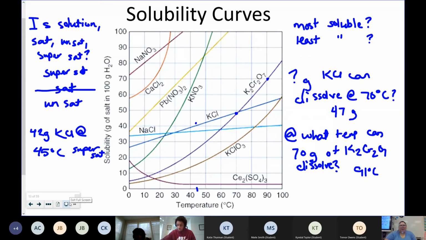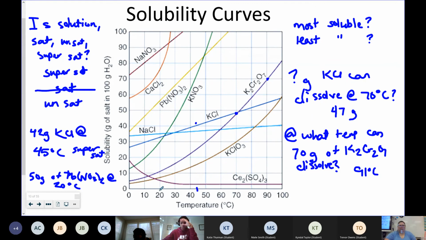We might also have something that wants to know, there's 50 grams of lead 2 nitrate at 20 degrees Celsius. And it wants to know, is that saturated, unsaturated, or supersaturated?